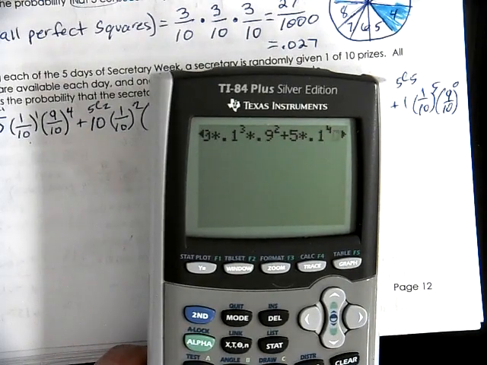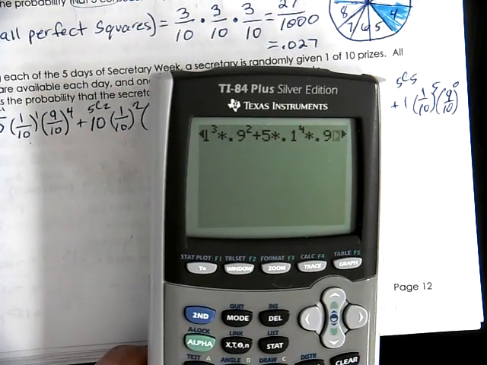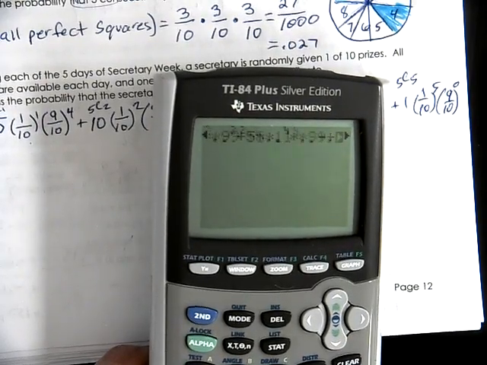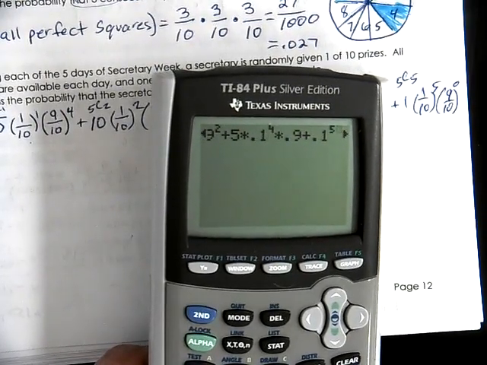That means you didn't win it 1 time, plus you win it all 5 times.